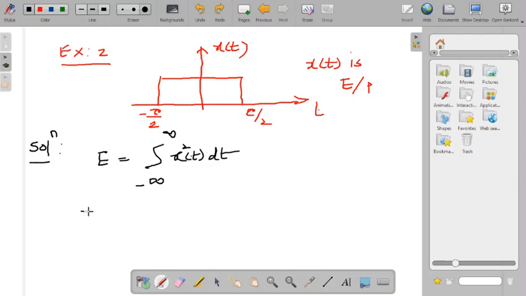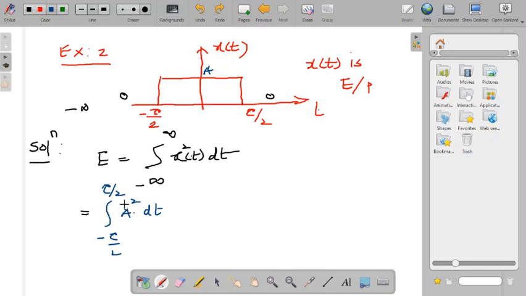Here the limit minus infinity to plus infinity is there in the integration formula, but from minus infinity till this point the signal is 0, and similarly from this point onwards also the signal value is 0. So limits of integration only exist from minus tau by 2 to plus tau by 2, and the value of this signal will be a. So this is a square dt.